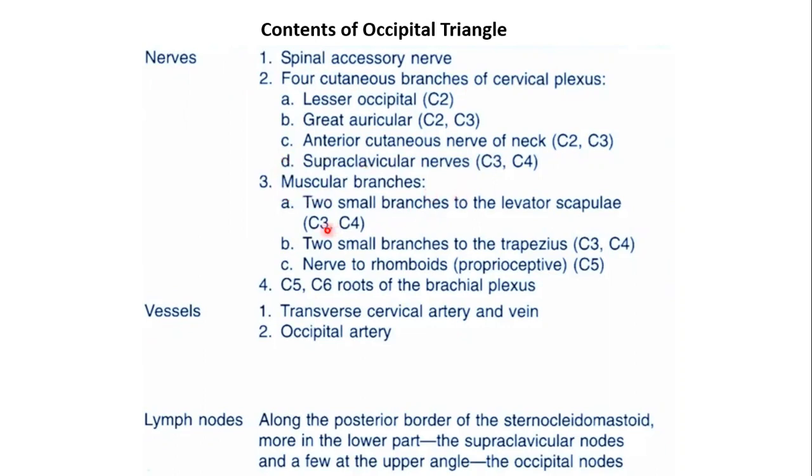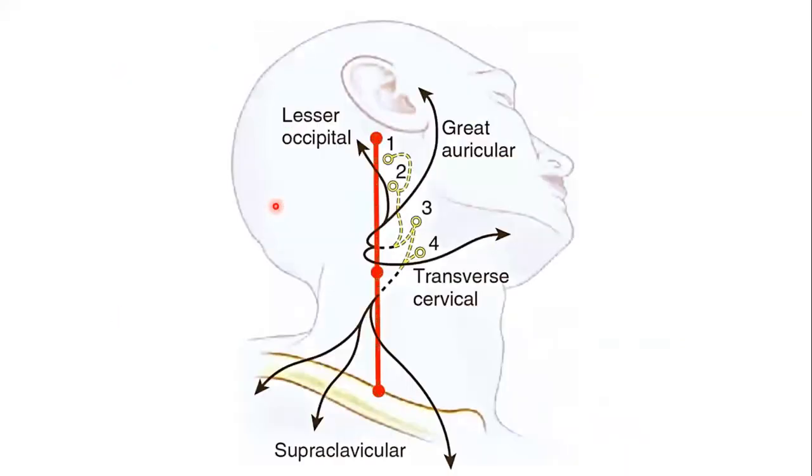And the muscular branches. First I show you the sensory nerves, the cutaneous nerves present in the posterior triangle. This is the great auricular nerve. This is the lesser occipital nerve, right? And this is the transverse cervical nerve, and this is the supraclavicular.